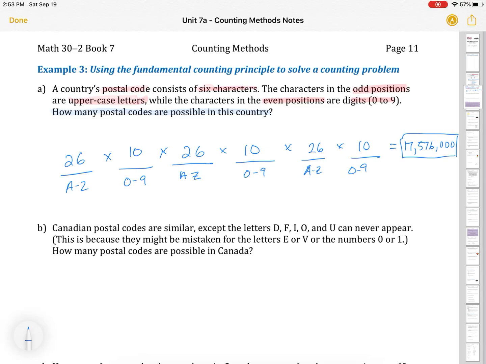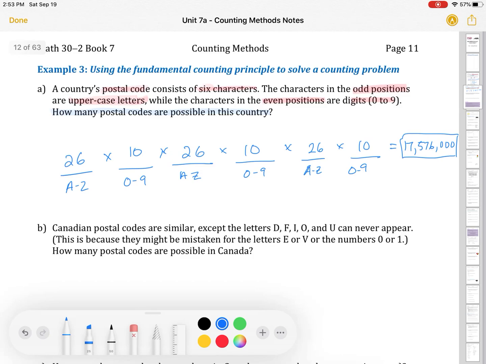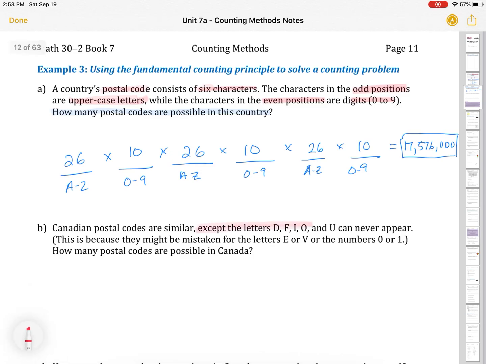And that's just an example of a fictitious country. Canadian postal codes are similar, except we do not use the letters D, F, I, O, and U because they could be mistaken for E or V. The U and the V could look like the same letter, or the number 0 or 1.